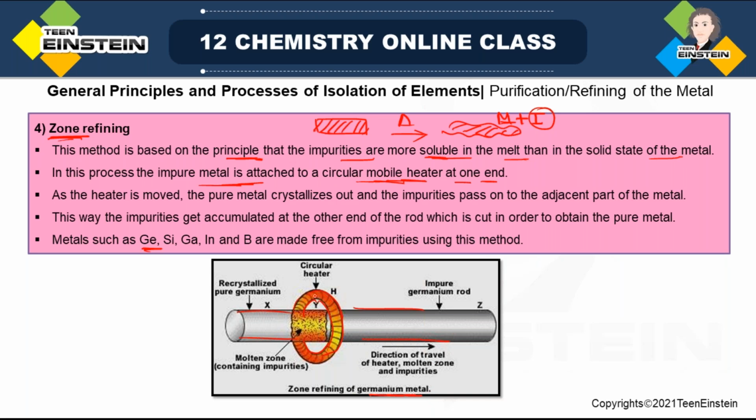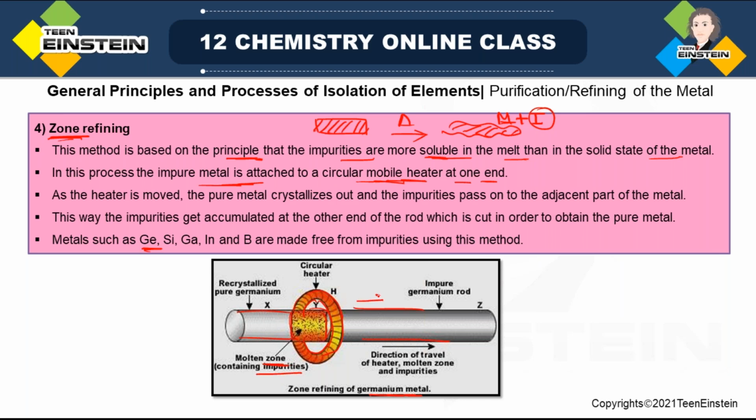First, when it is in contact with this circular heater, there will be a molten zone. Only this part is molten, the rest of the part is solid. Molten zone containing impurities. But as we have said, impurities are more mobile, more soluble. So what will happen when it is in molten state?